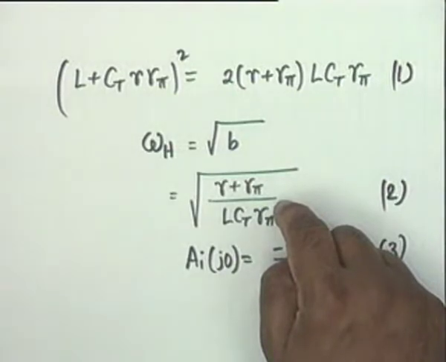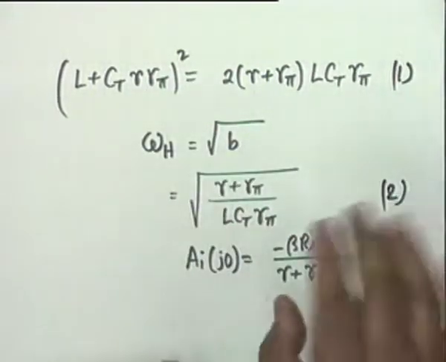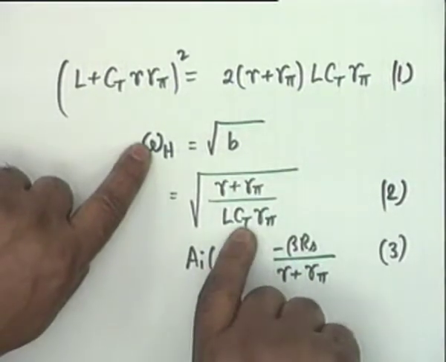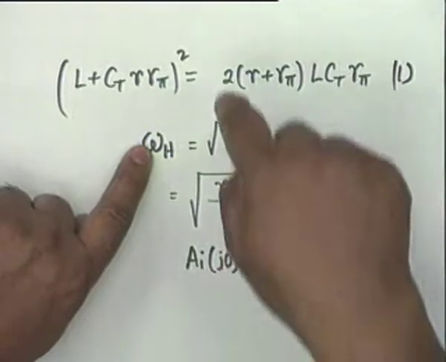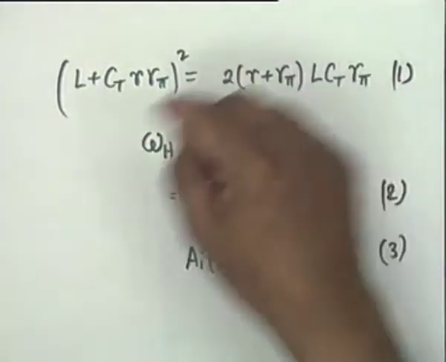What else? Oh, the other things are specified. So the only specification here is omega h, and therefore from here you get a relation between L and R, which you substitute here to get the value of L, the numerical values.